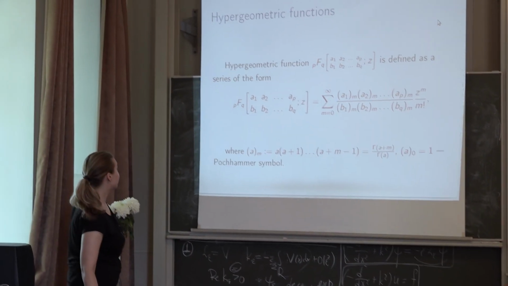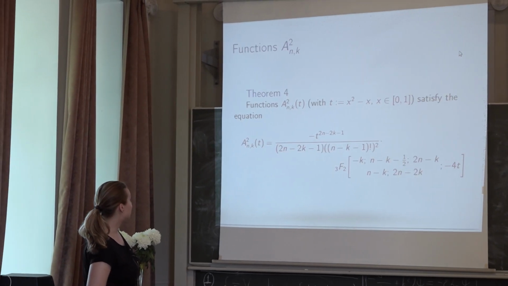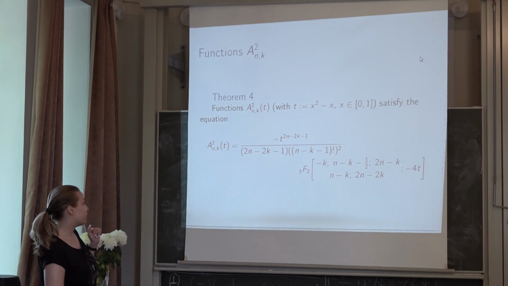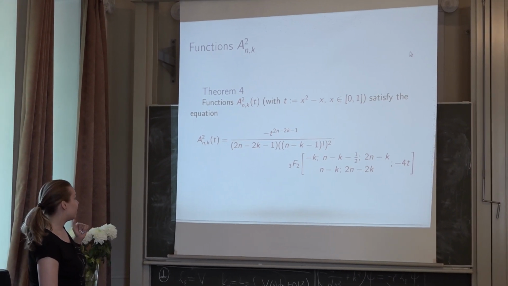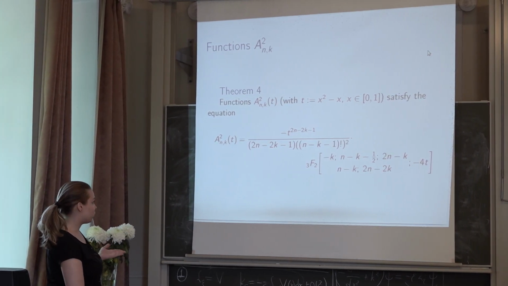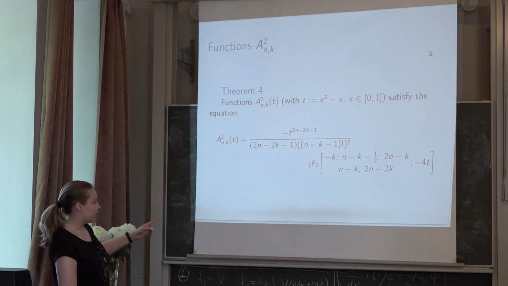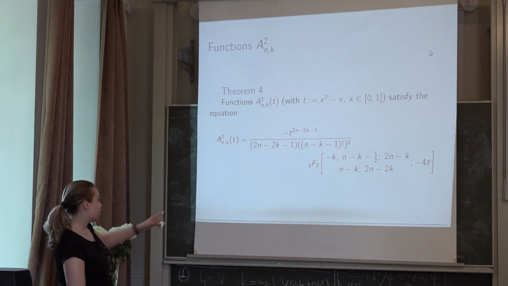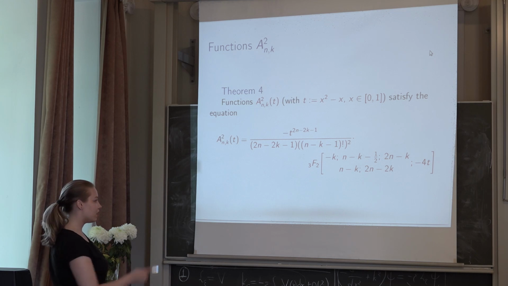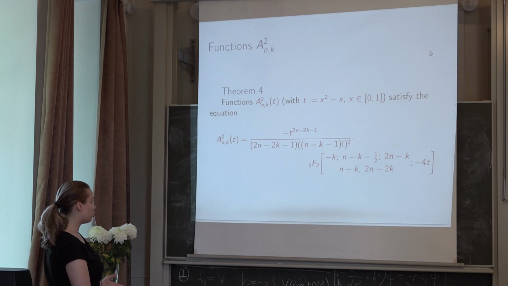So now we can see theorem 4. Let us denote x squared minus x by t. Then the functions a_nk squared of t satisfy this equation, where, as I just told, if k is an integer greater or equal to 0, then minus k satisfies these conditions, and this is a polynomial of order k in t.